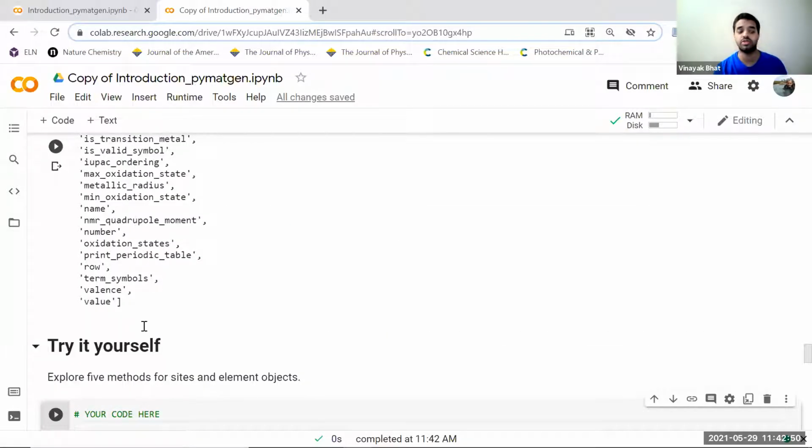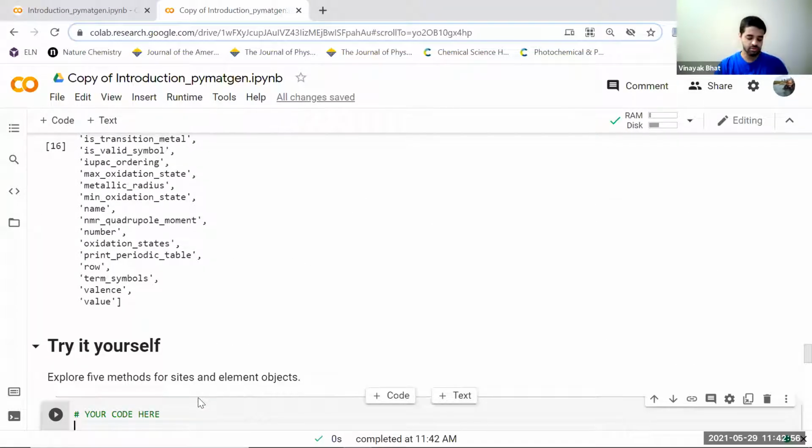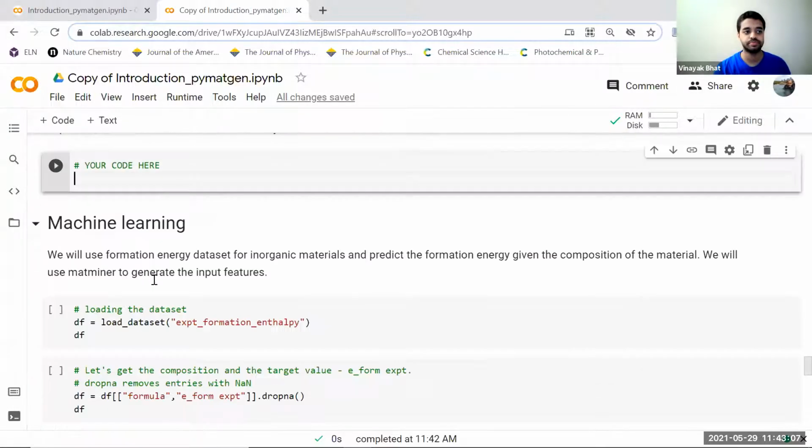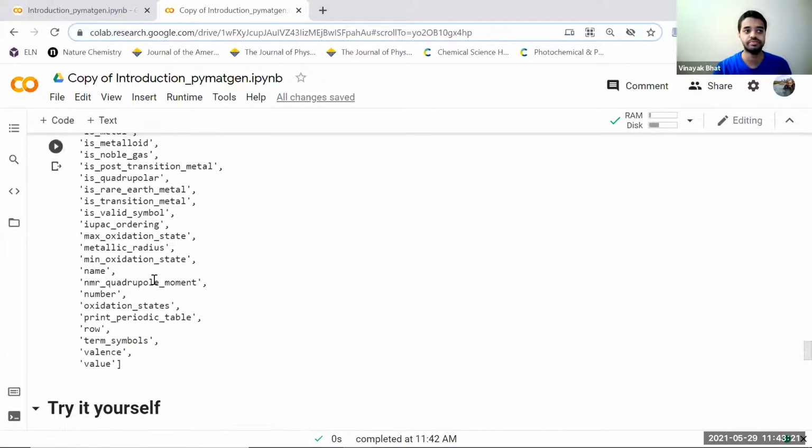Try to explore some of them and see what it gives you. So do you have any questions at this point?